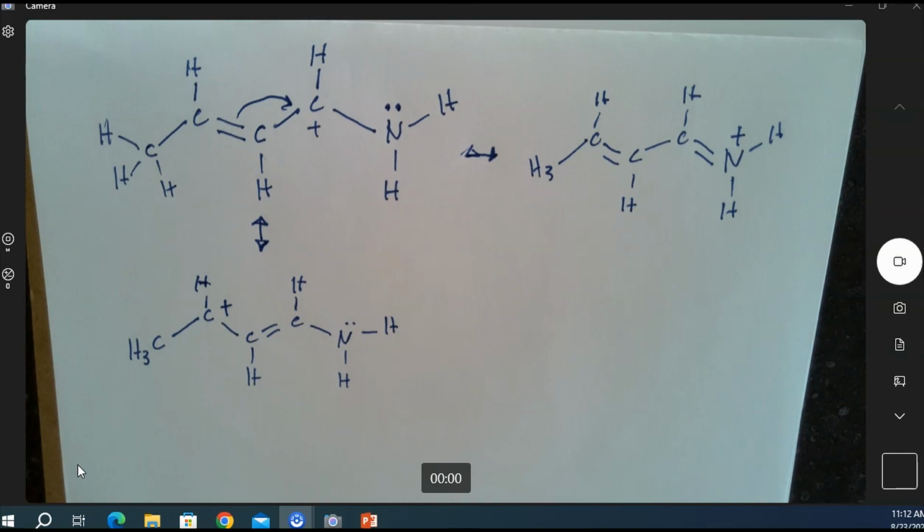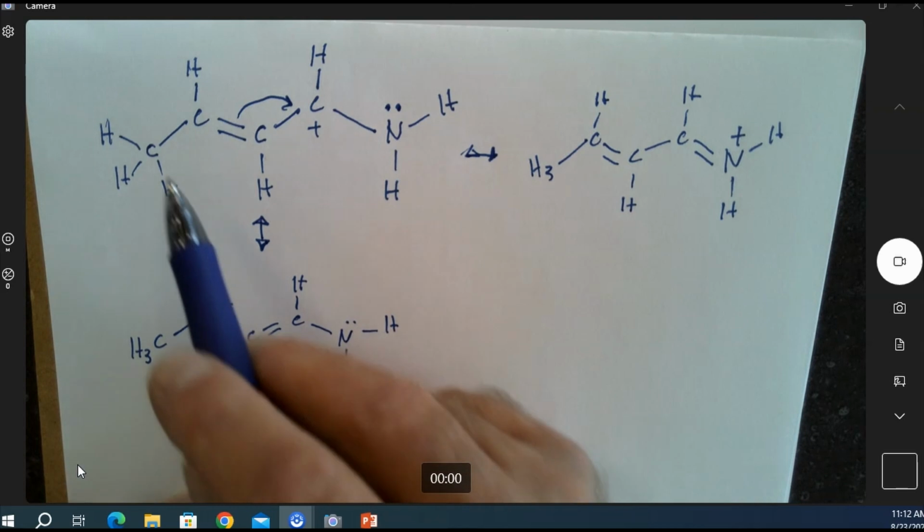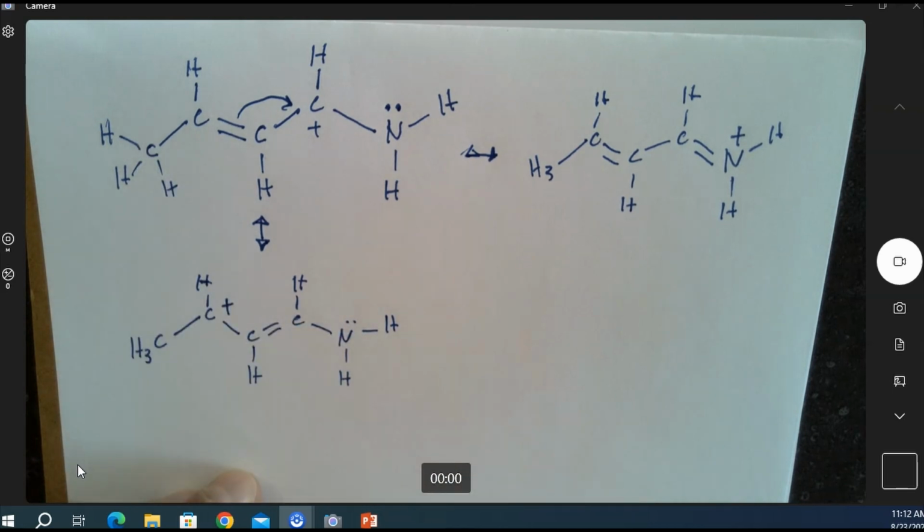It goes from being sp3-like hybridized to sp2 when that lone pair moves around. We won't get tied up in that. Don't worry about that right now. But all 3 of these carbons can move electrons around. This carbon isn't a player. It can't do anything. So there's the movement of a positive charge.